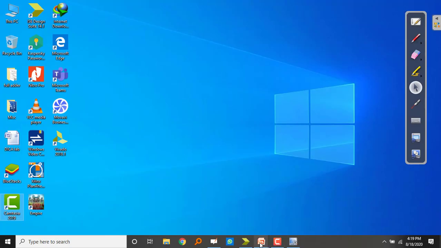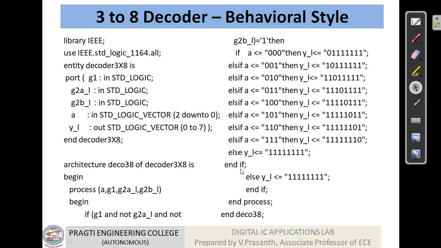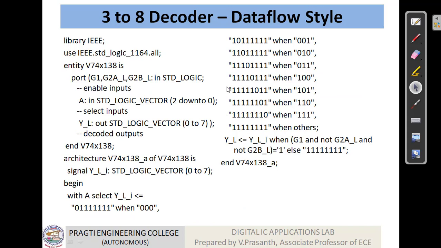Now, the same code can be written in dataflow style, with A as the select. What I am writing is the same thing with A as select, which is nothing but the input.